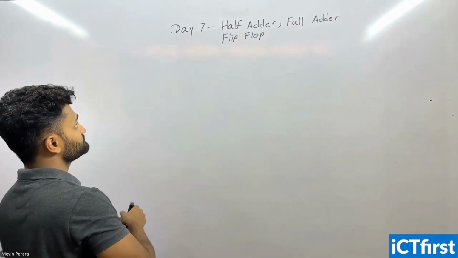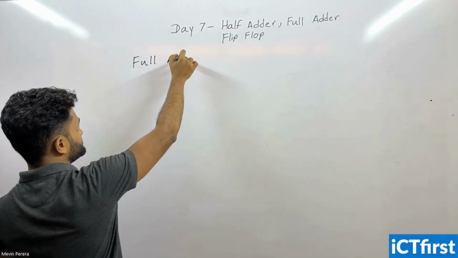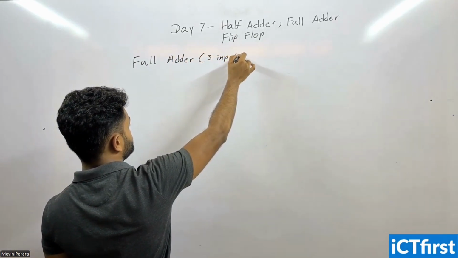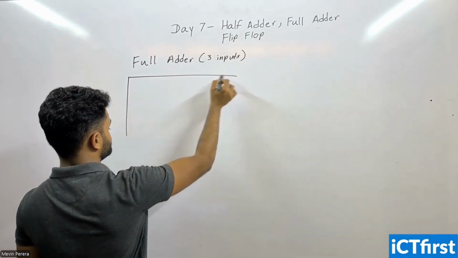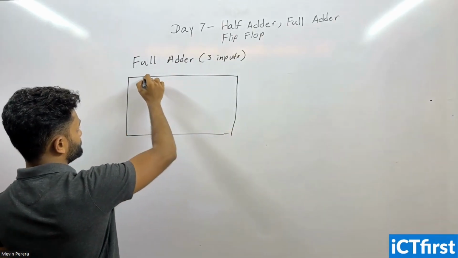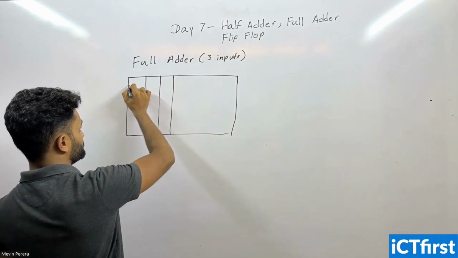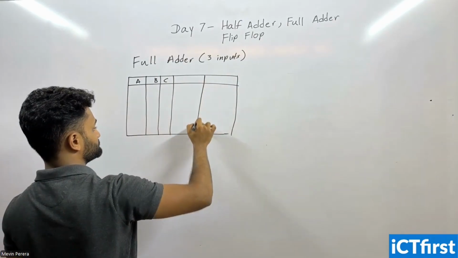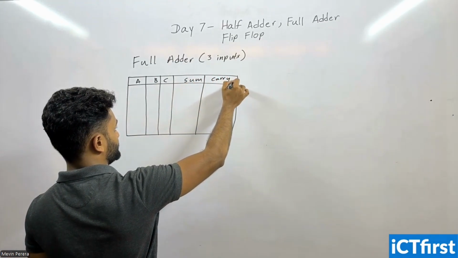All right, so full adder. Now, this is also a combinational circuit. It has three inputs. So now we are considering three inputs, A, B, C, and sum and carry out.